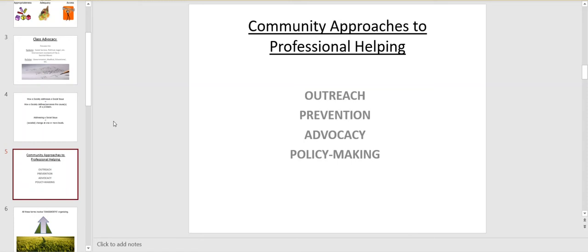But in general, outreach tends to be one of the first endeavors that take place, and that is simply to build an infrastructure of communication and to determine interest and investment of a given community.